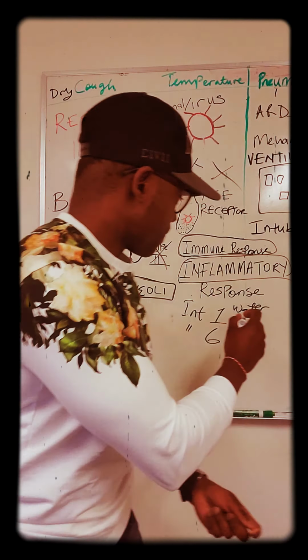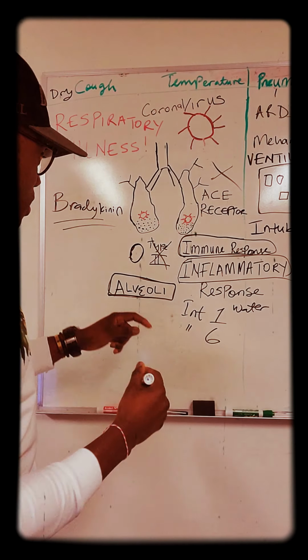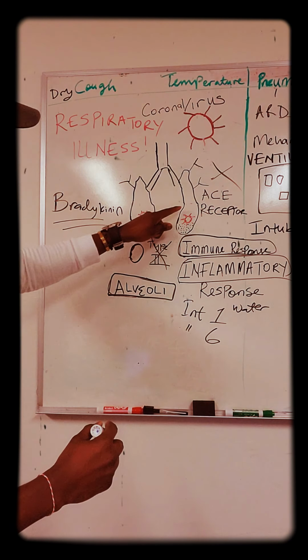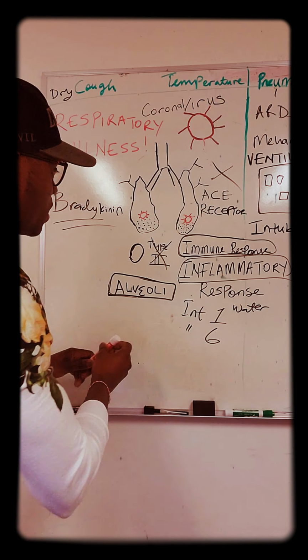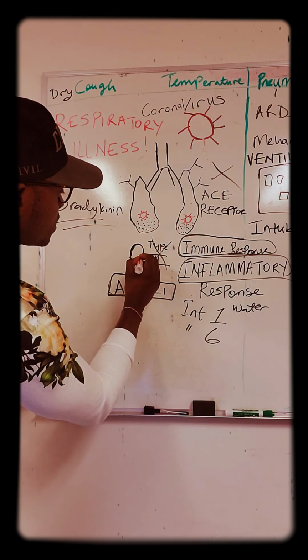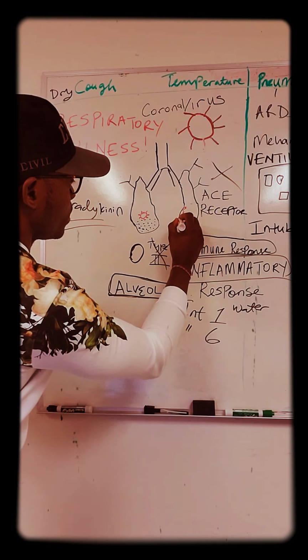That is inflammation, basically water. So inflammation starts to happen in our lungs, basically water in our lungs because of this immune response from a cell dying in the lungs. So there's all this water in our lungs.